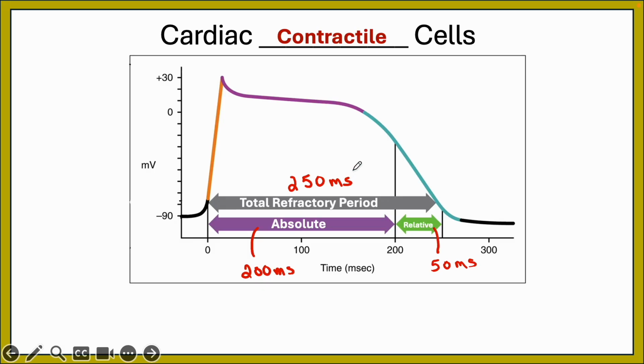As I mentioned before, this long refractory period is essential because it prevents tetany. This ensures that the pumping is going to be rhythmic, that it'll allow the ventricles to fill before they contract again, and it will prevent lethal premature contractions.